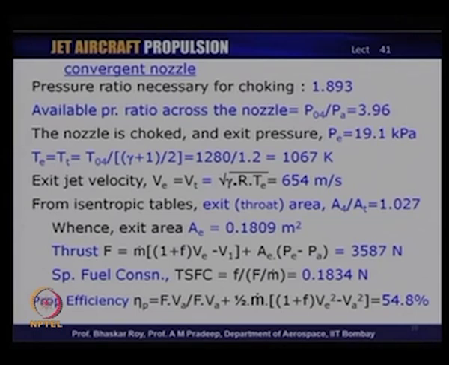One of the reasons the propulsive efficiency is a little higher is because even though the thrust created is less, the exit jet velocity is much lower, and as a result the exit jet wastage in terms of the jet velocity is somewhat lower, and as a result of that the propulsive efficiency is a little higher than what you got for the CD nozzle, even though the thrust created is a little less.